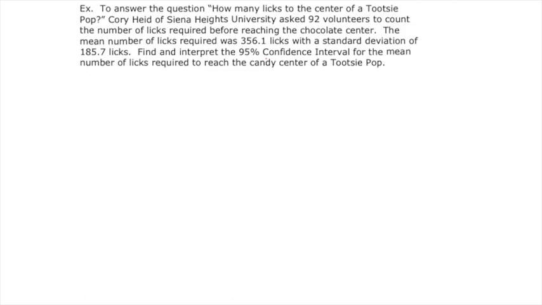We're trying to find the confidence interval for the mean, so that indicates what formula we're going to use. That formula that we had on the previous slide was x bar plus or minus t alpha over 2 times s over the square root of n. This helps me identify what values I need to find from the prompt.